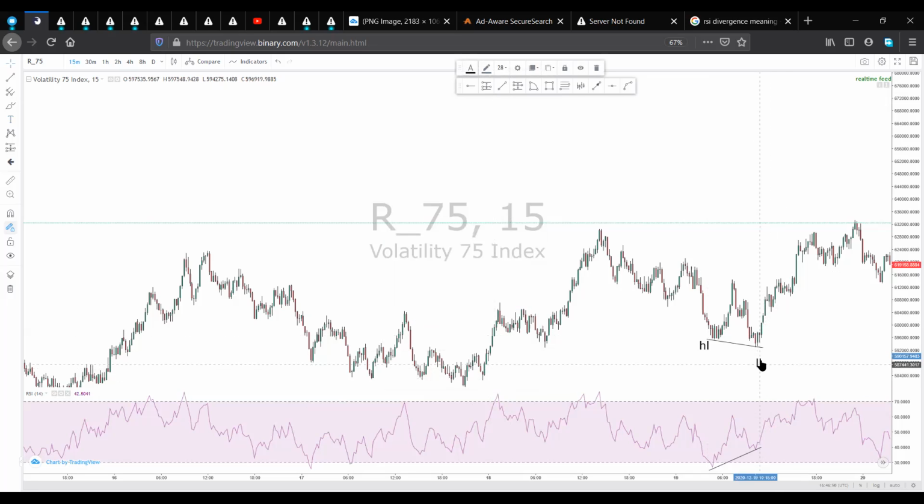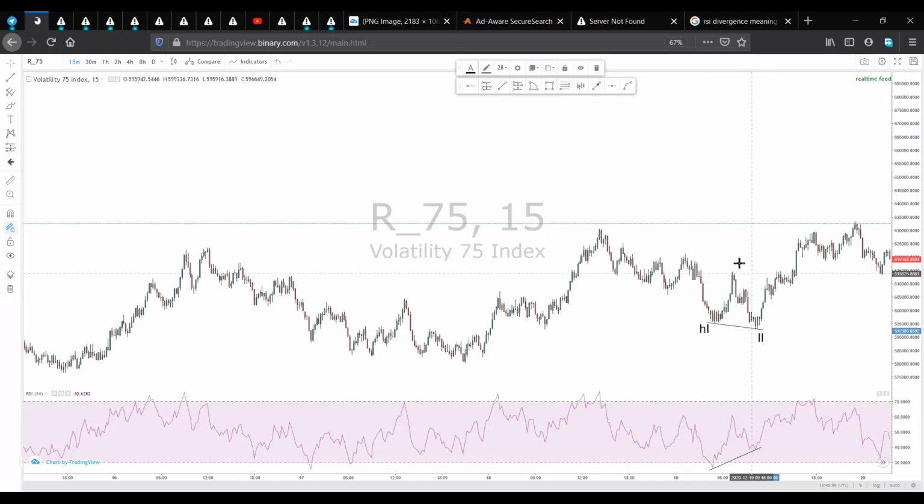But here in the divergence, we can see the market is making another different story.